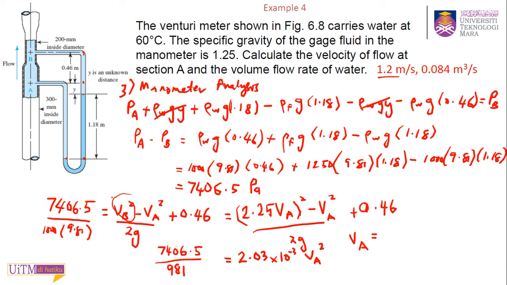You have everything here. 7406.5 divided by 9.81. Divide by this, because someone has given the answer for this value, 2.03 times 10 to minus 3, and then set only v squared, you want v, only v.